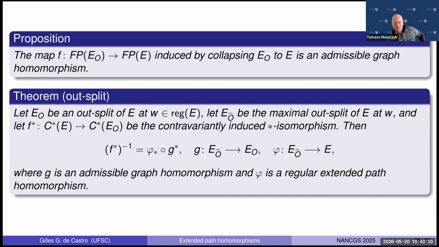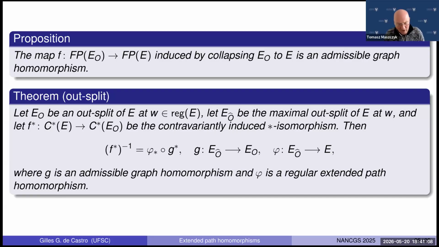My question is: is there no purely combinatorial criterion for a star homomorphism of graph algebras, given on standard generators by an explicit formula, to be induced by an admissible relation or an extended path homomorphism? Not really. Okay, so you start from defining a star homomorphism.